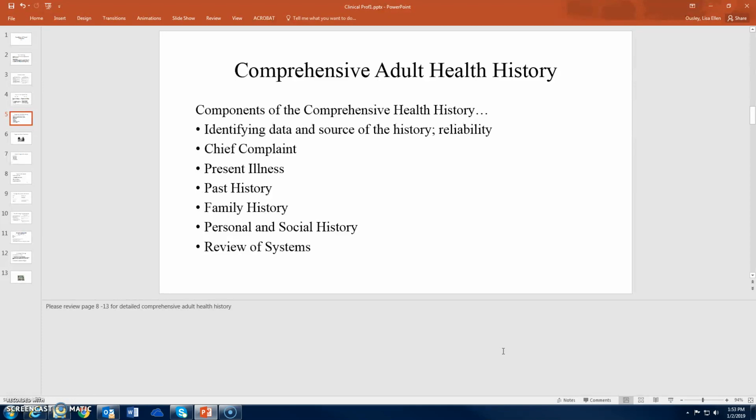And I want you to look at the very detailed chart on page 8 in our textbook. It really goes into detail related to these components. I want to direct your attention to the last one, however, review of systems.